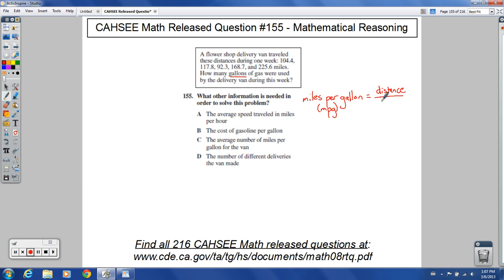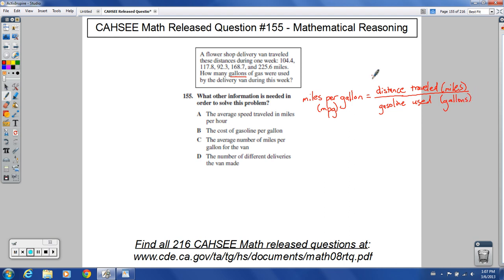So divided by the gasoline used. So the distance traveled, that's the miles, over the gasoline used. Or in other words, the gallons. So there's where our miles per gallon comes in.